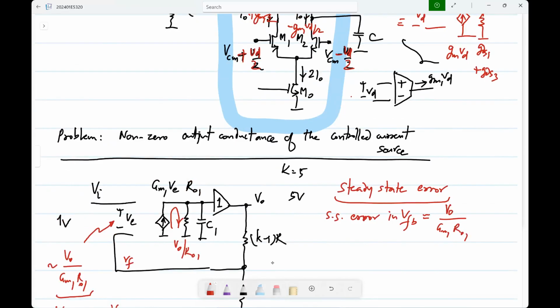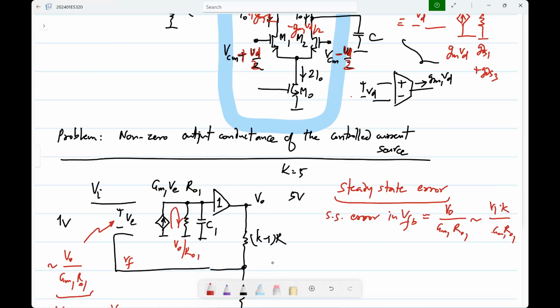Now, if we assume that the error is small, the output voltage will still be somewhat close to K times Vi. So we can approximately write V naught by GM1 RO1 as K times Vi by GM1 RO1.